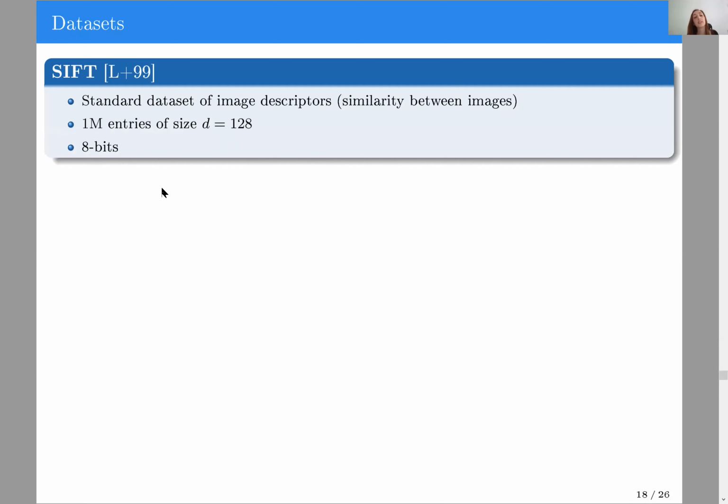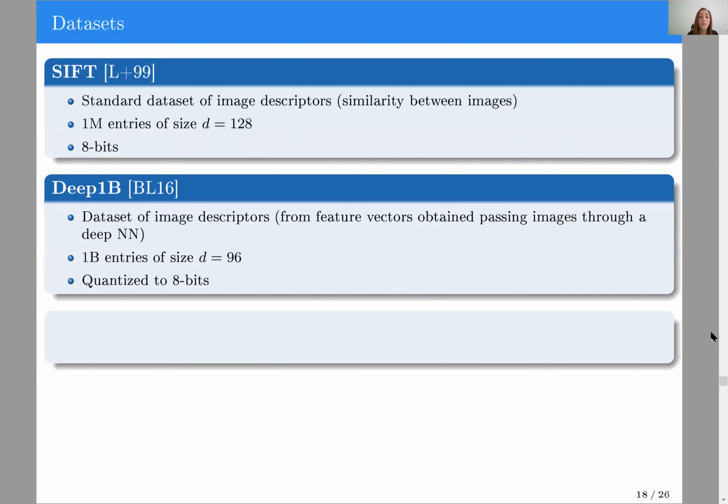The second dataset that we use is the Deep1B dataset. Again, it contains image descriptors as SIFT, obtained by passing the images through a deep neural network. It's a very, very large database, containing 1 billion entries, each of size 96. To do our computation, we decided to quantize the entries down to 8 bits.